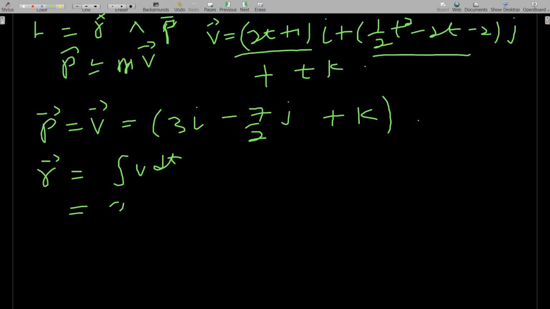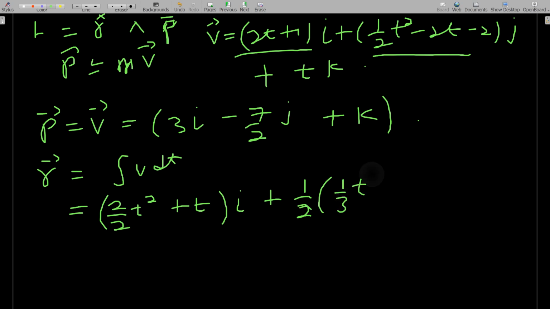So I have 2 over 2 t squared plus t, then i plus, now I have 1 over 2 in the j component, then I integrate t squared, I have 1 over 3 t cubed, then minus 2 over 2 t squared minus 2t j, plus half t squared k.